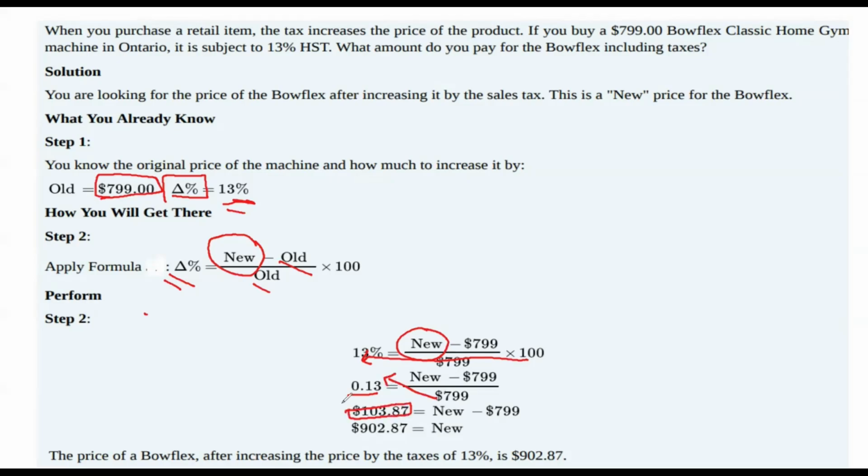So you now end up with 103.87 equal to new minus 799. You take that over and add it on, and you will get your 902.87. So that's the price you have to pay at checkout.